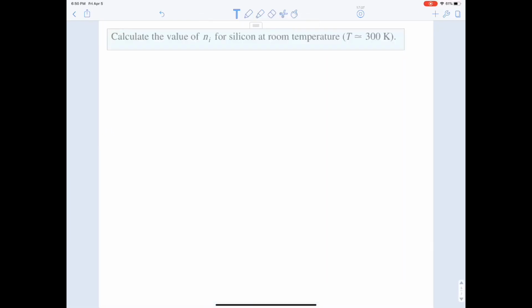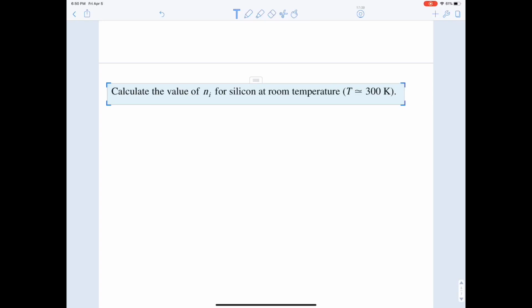Okay. Now, calculate the value of Ni for the silicon at room temperature, which is T equal to 300 Kelvin, almost. Okay. Now, Ni, as we said before, it's equal to what?